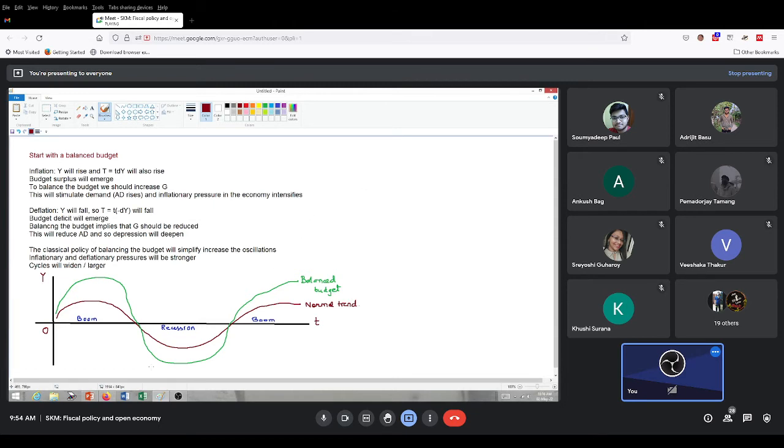During the boom period, when you are coming over here, at this point, the government should reduce government spending. But what the government is doing is actually increasing government spending. So that is why you move from the brown to the green.